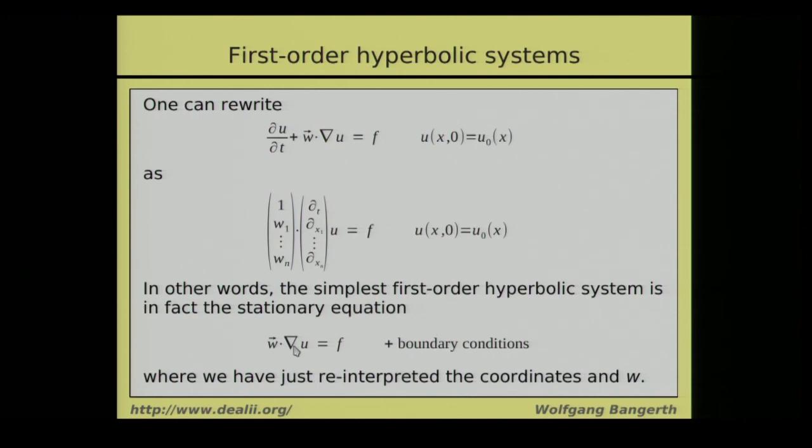And the gradient here is not just the spatial derivatives, but also the temporal derivatives. And so if I just reinterpret what this W and this gradient here stand for, then I can think of this equation up here just as this one here. So I have a problem that looks as if it doesn't have a time derivative because I consider it as a problem in n plus 1 space dimensions instead of 1 time in n space dimensions.